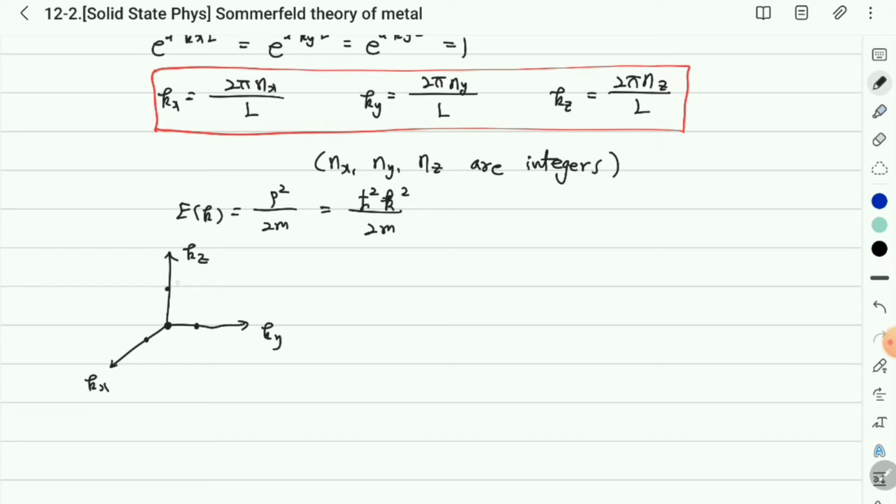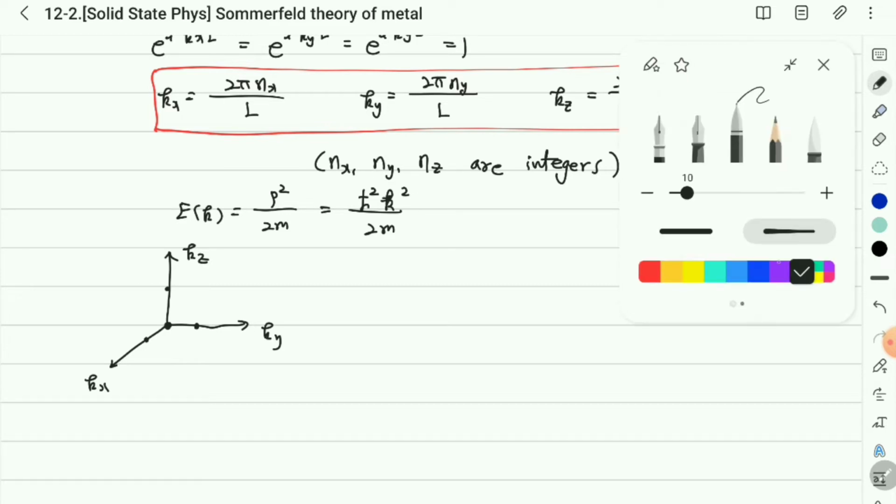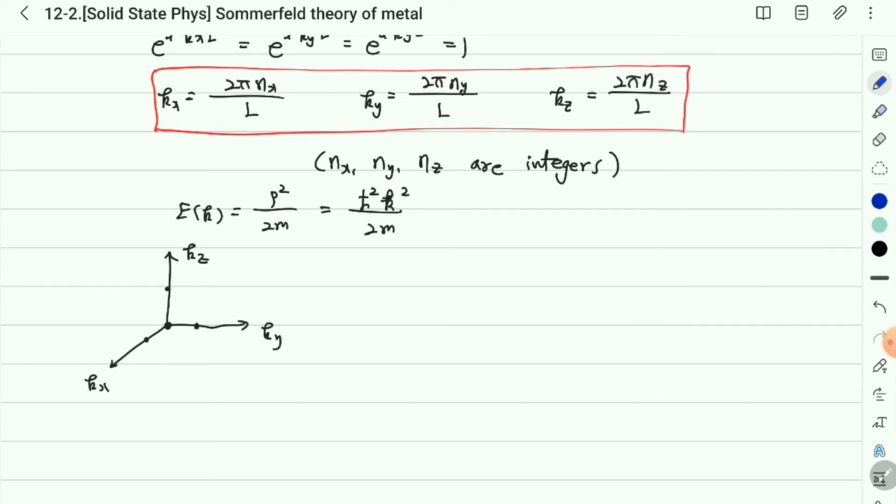Then we can see that there are quantized values, and in k-space, not all the energy levels are occupied, but only specified quantized levels should be considered.